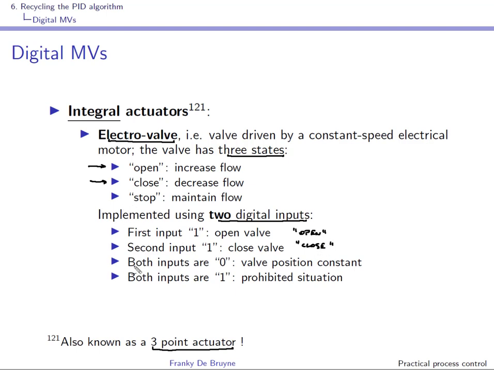And if both inputs are 0, this corresponds to maintain the valve position, so this is stop. And if you take two binary inputs, you have 4 possibilities, but you have only 3 states, so obviously this one is prohibited, to have 2 inputs that are 1.